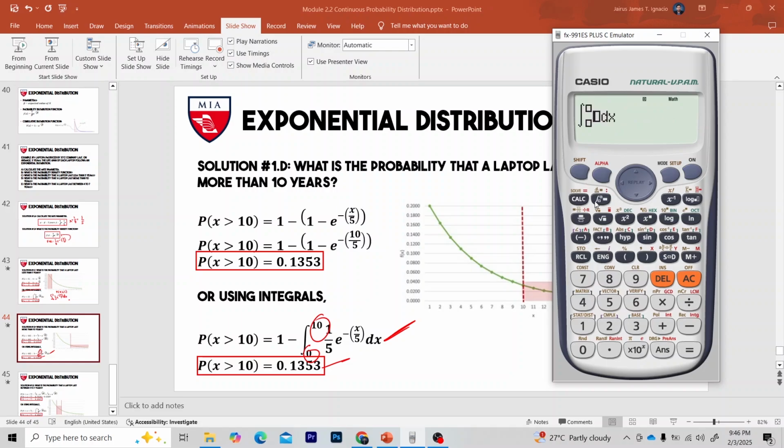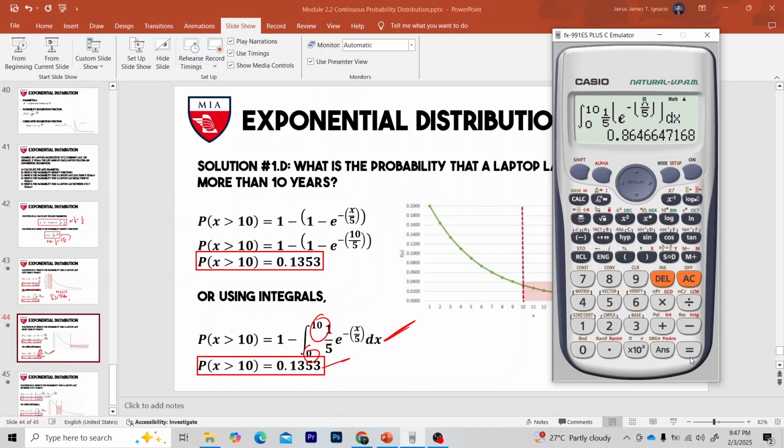We have 0 as the lower limit and 10 as the upper limit. We have 1 over 5 multiplied by e raised to negative x over 5. Let's close the parenthesis. Is it correct?